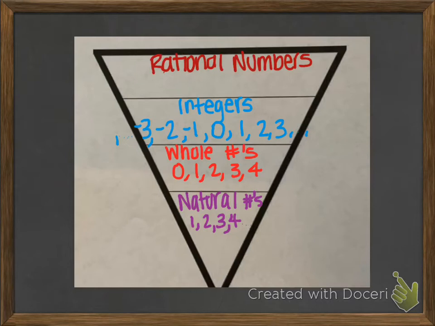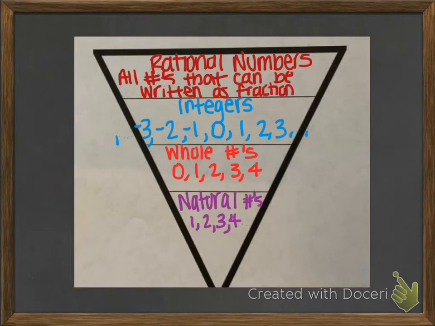And rational numbers are all numbers that can be written as fractions. So remember, we have already learned in the past that we can convert percents and decimals to fractions. So as long as the number can be written as a fraction, it is a rational number.